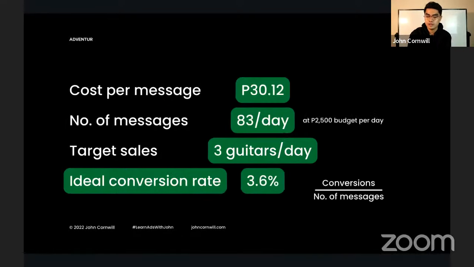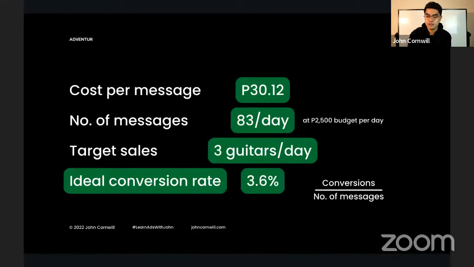Now, paano ba yung ideal conversion rate? So, take note of this. So, meron kang cost per message na 30.12. Sabihin na lang natin 30.12. Yung number of messages na na-receive mo is nasa 83 messages per day. Kasi yung budget mo, 2,500 pesos per day. Sasabihin ng iba, ang mahal, 30 pesos, 20 pesos.